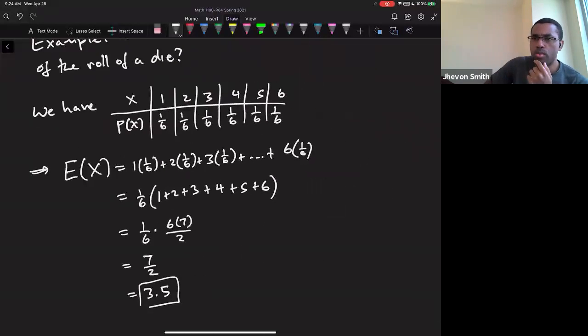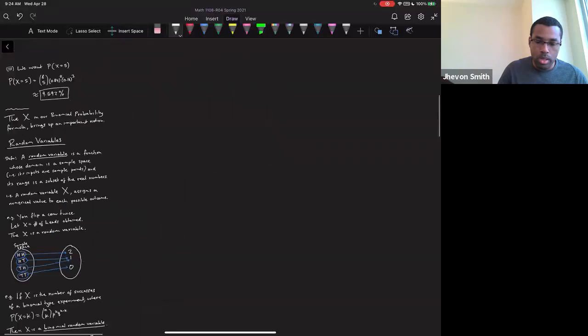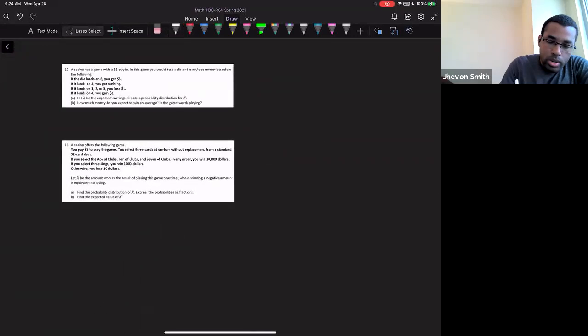Now for the roll of a die, what do you expect if I'm going to roll a die? You'll get a 3.5. What does that even mean? Doesn't even make any sense, really. But you'll see in other examples, this number is actually going to be very important. But we'll pick up with that next time with going through these 2 small examples, and you'll see why this is useful.